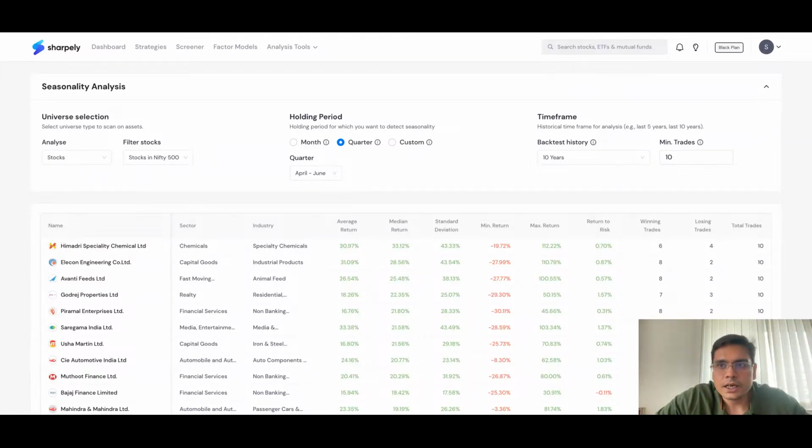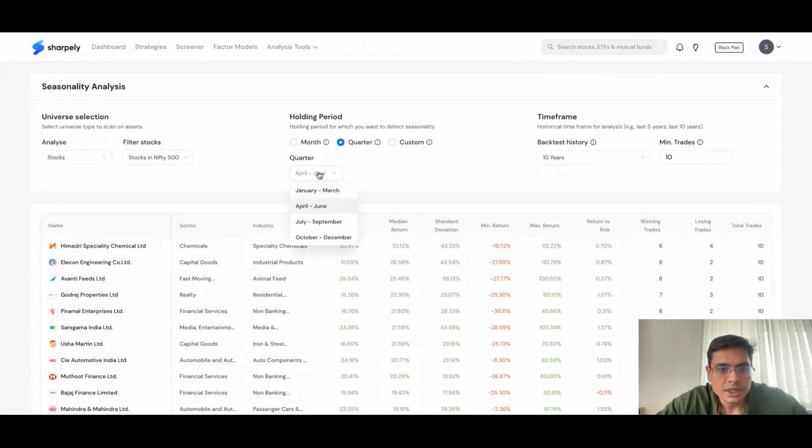Say you are sitting on 21st September today and you want to see, does any stock or any sector show a strong pattern during festive seasons, which is the upcoming festive season from October to December.